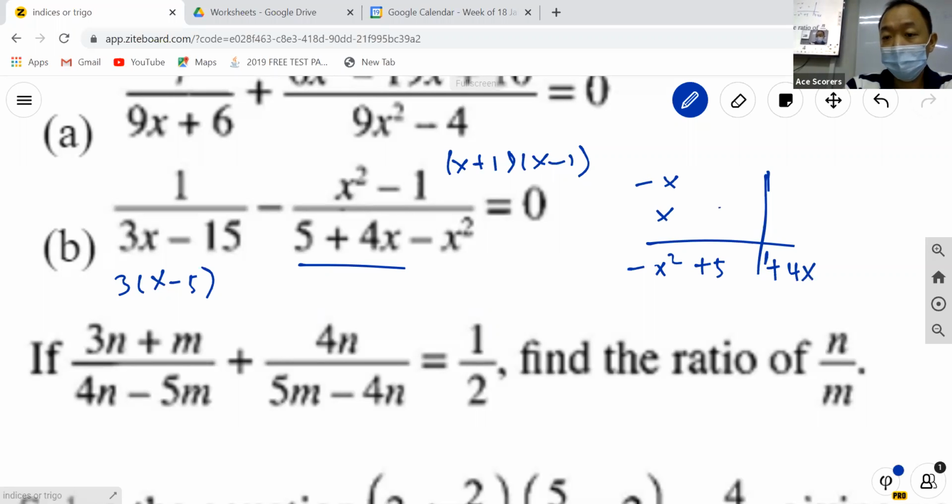Okay, so 4x. Okay, so the bottom here factorize becomes minus 5.